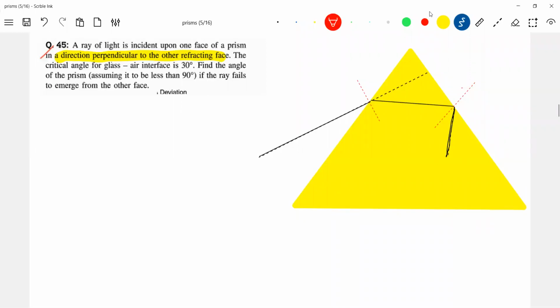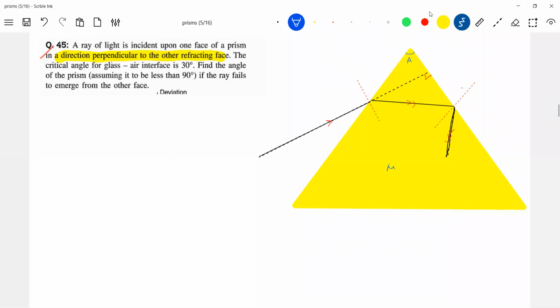Yeah, let's get into it. This is 90 degrees. This much information is there. Only the critical angle is given.